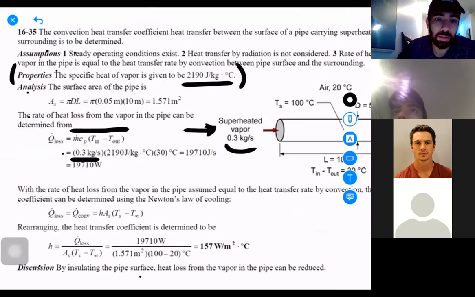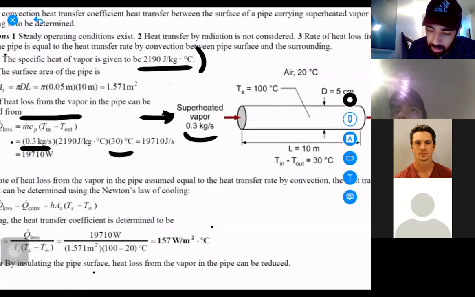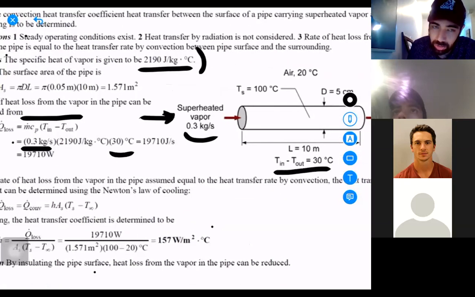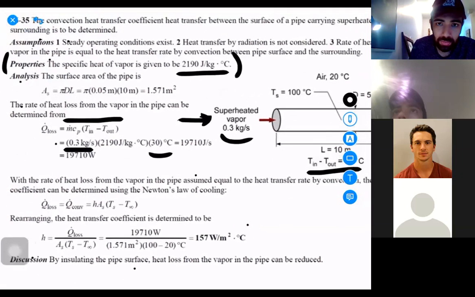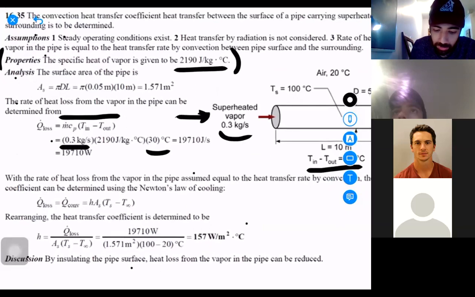The specific heat of vapor is given to be 2,190 joules per kilogram times degrees Celsius, times the temperature difference, which is 30 degrees. It is also mentioned in the figure. So we find the total heat loss from the superheated vapor as 19,700 watts.